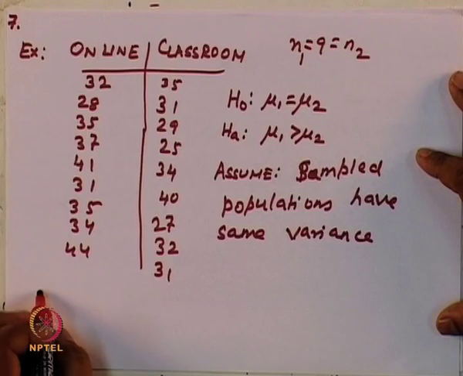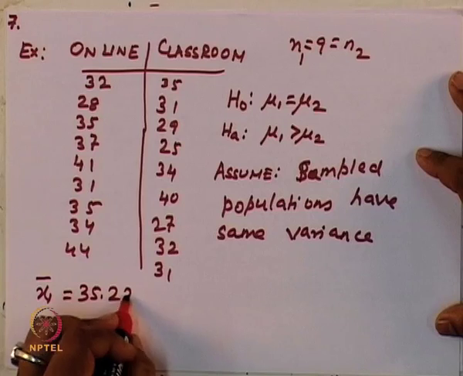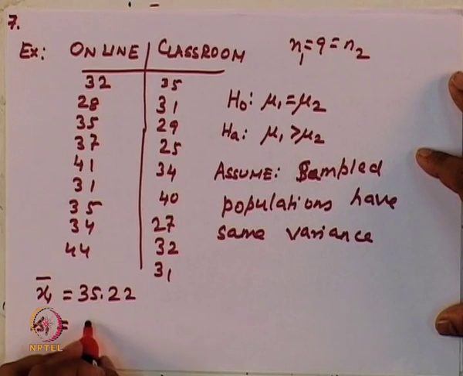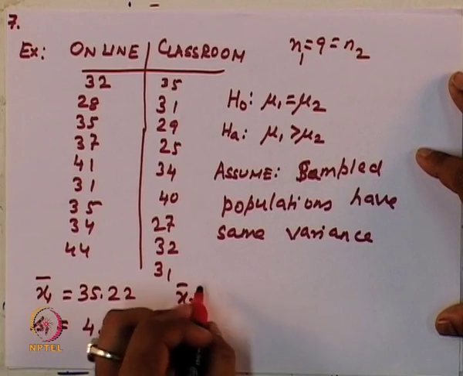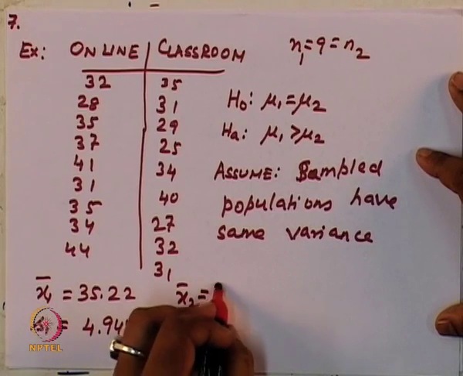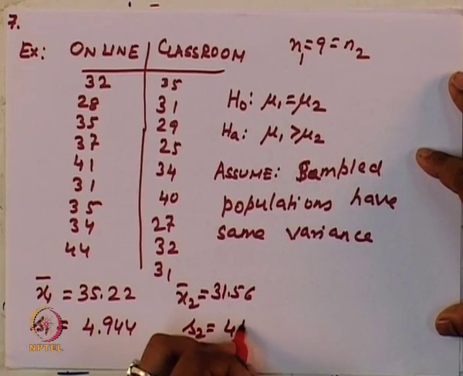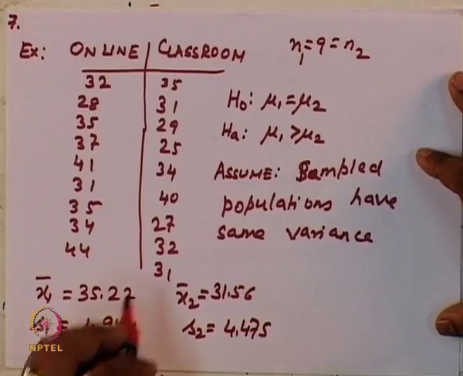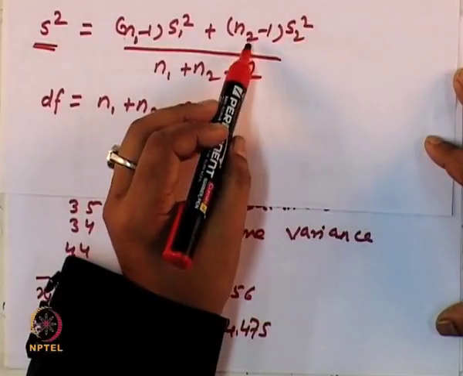So, for this I can calculate x1 bar as 35.22 and S1 as 4.944. For this population, accordingly I can calculate x2 bar as 31.56 and S2 as 4.475. Now, using this expression, N1 and N2 both of them are 9.